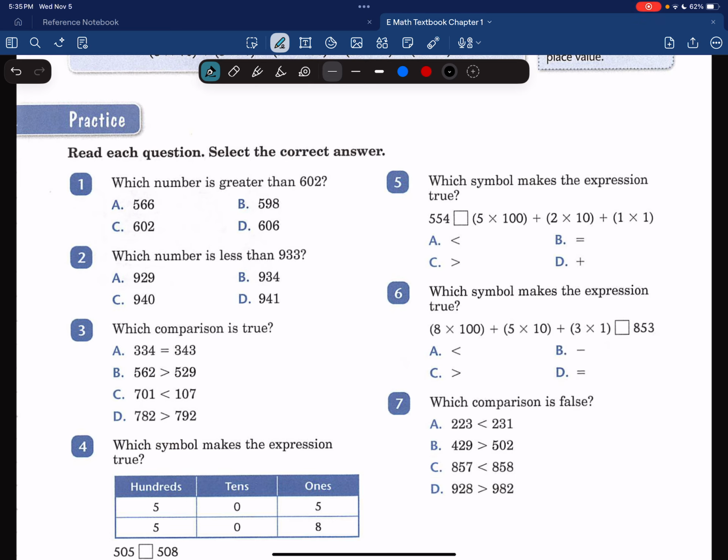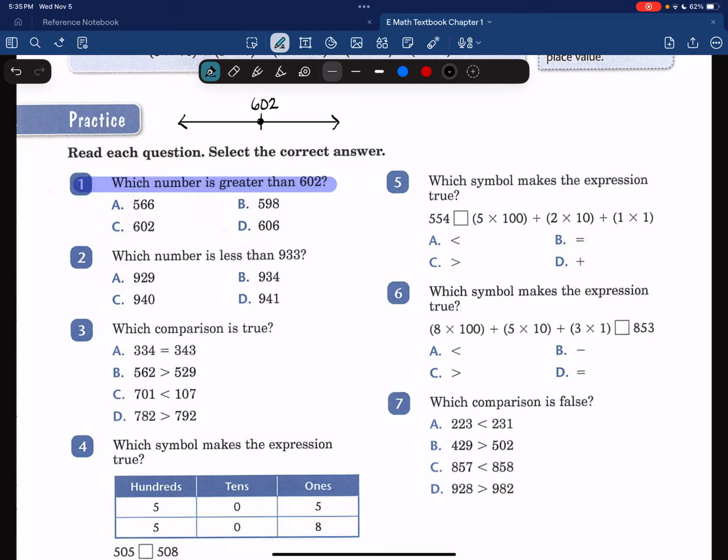Okay, number 1. It says to read each question and select the correct answer. Which number is greater than 602? This is a good one to do a number line if you need help. If you know the answer, don't go through this. But if you need a little bit of help, write it down on scrap paper. So put your 602 on there.